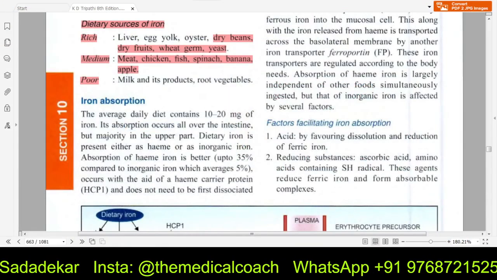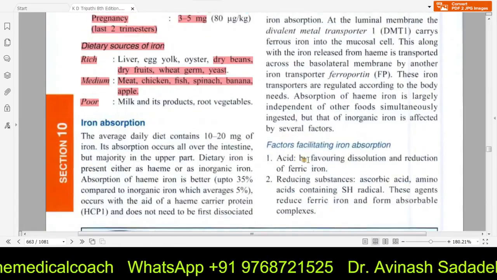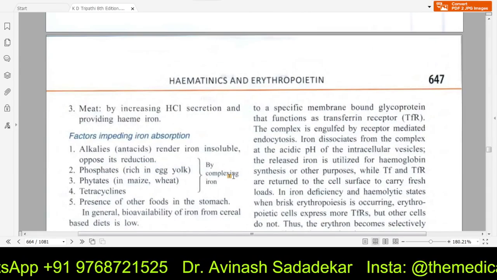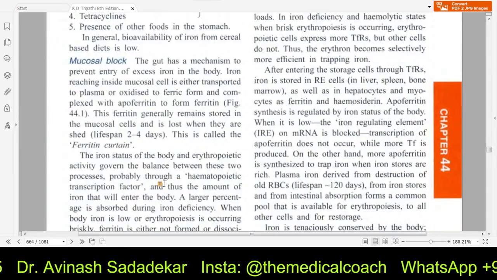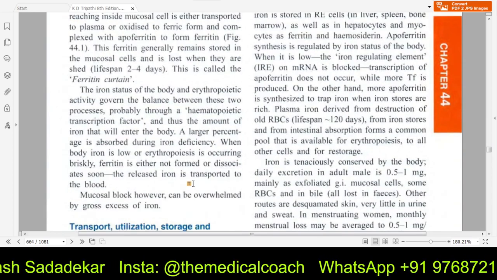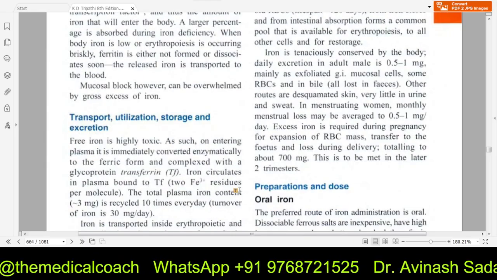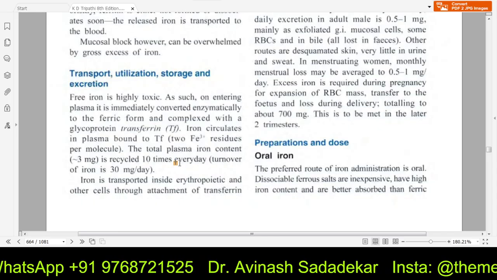Now, my entire explanation till now was about iron absorption, factors affecting iron absorption. So I gave positive and negative factors, the mucosal block or the ferritin curtain or the mucosal curtain theory that we spoke about, of how the mucosa will not allow unnecessary iron to get absorbed. The transportation, utilization and storage can be done as a one read topic.